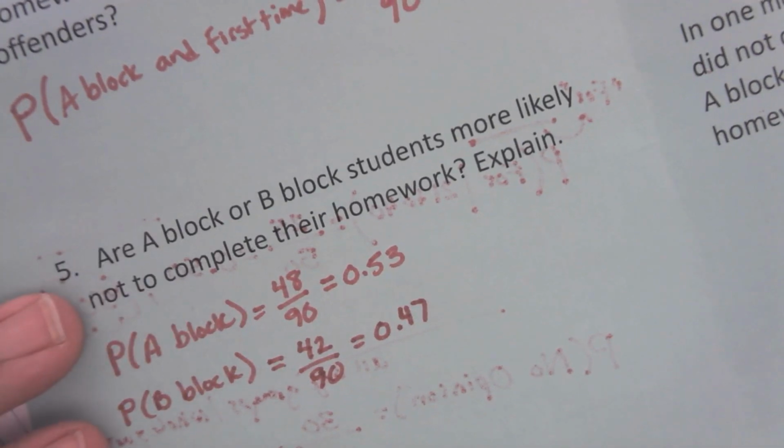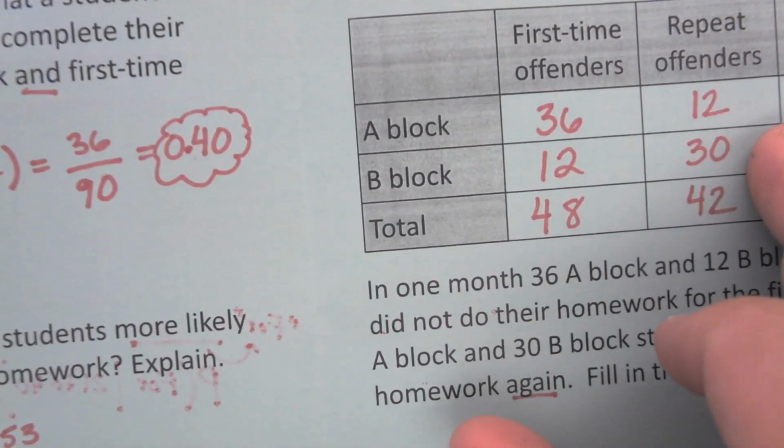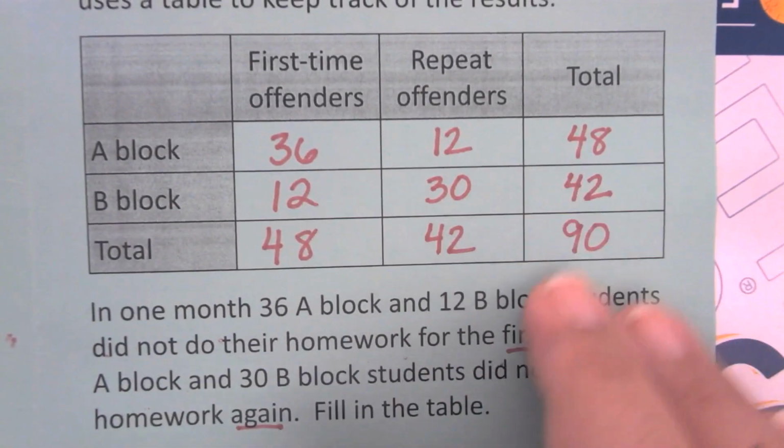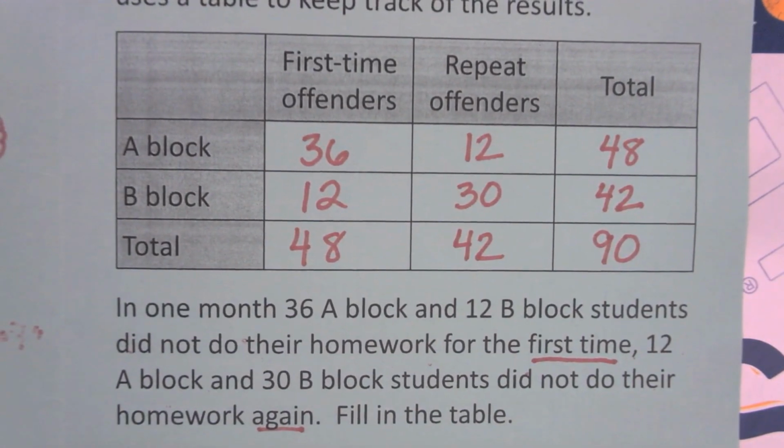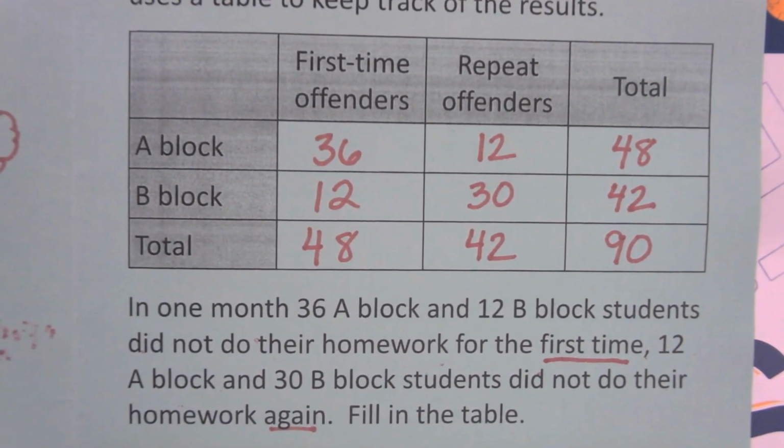So there's more people from A block that are represented in this table, either on the first-time offenders or repeat offenders list, because there's 48, so there's a higher percentage of these than these. So that's one thing we could look at. We can say that A block students have a higher probability of not doing their homework in general, and that's one claim we could make.